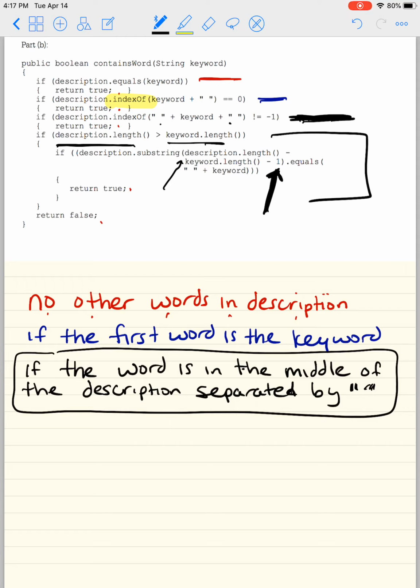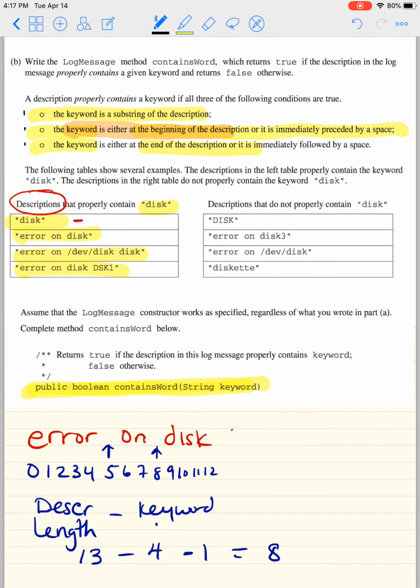So it says description.length minus keyword.length minus 1. So I took this guy right here, error on disk, and I gave it numbers 0, 1, 2, 3, 4, and so on. Remember, a space is 5, a space is 8, and so on.